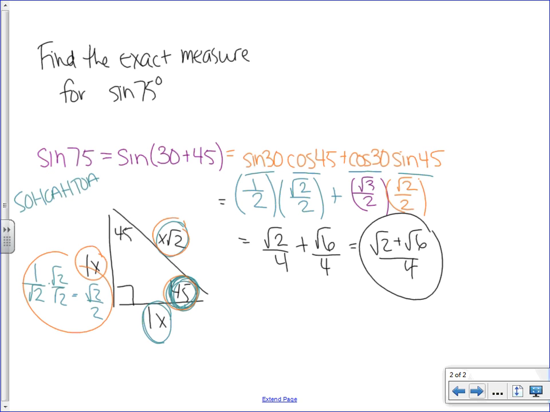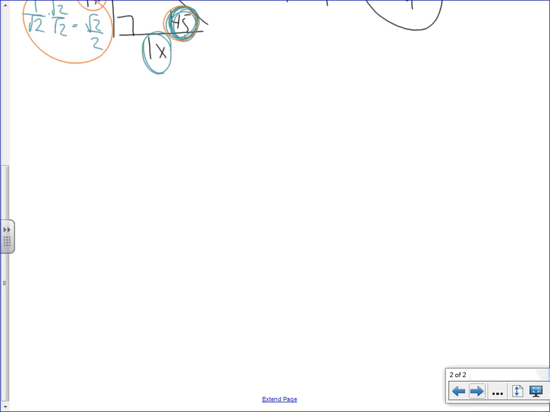Okay, actually I'm going to do this example again, but I'm going to do it a little different. Okay, so I'll extend my page. I'm still going to find the exact trig value of the sine of 75.